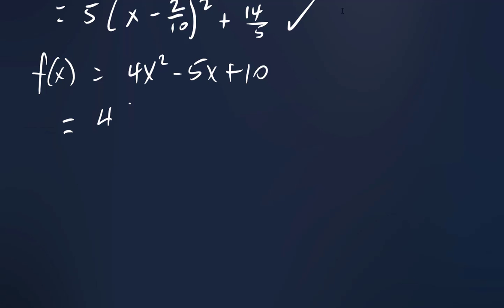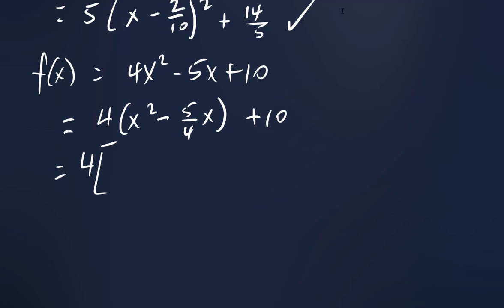So I put 4 in factor, 5 over 4, of course, x, and always isolate the c, and then we can say 4 double brackets here, x minus, divide this by 2, 5/8 squared minus 5/8 squared, and then close that one.